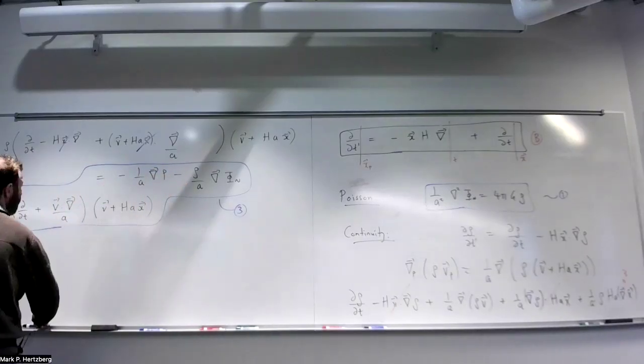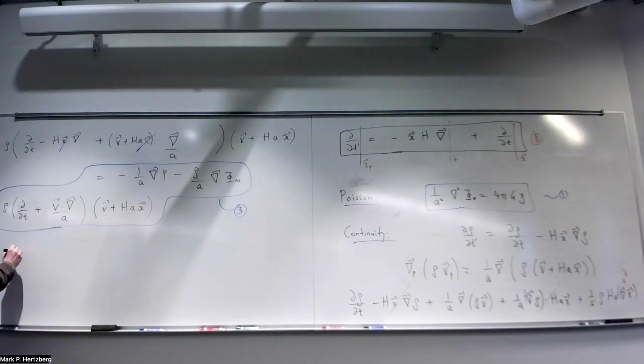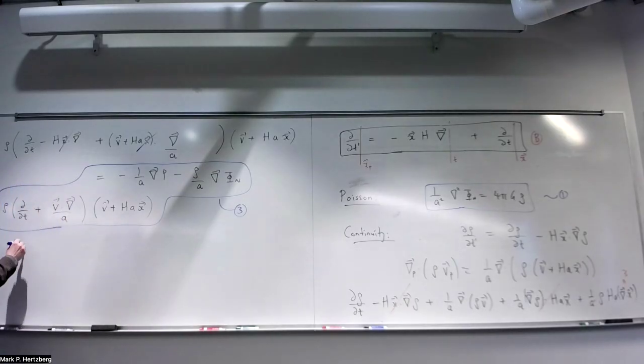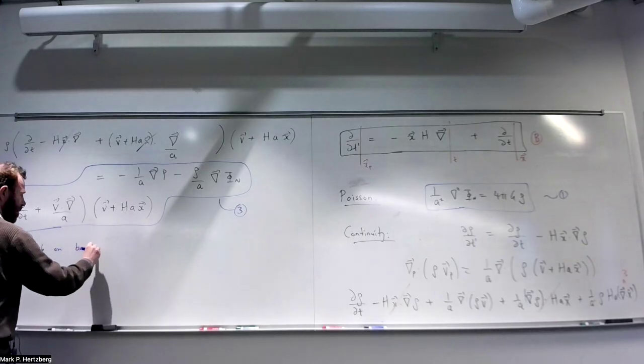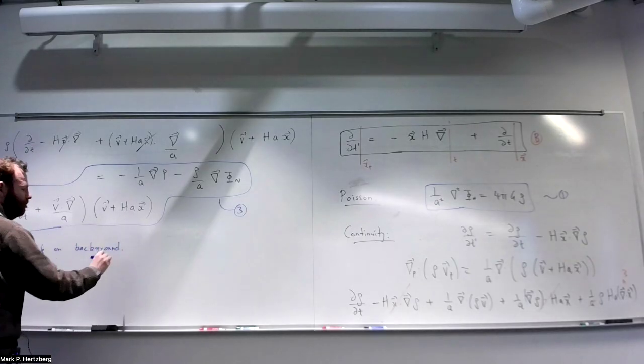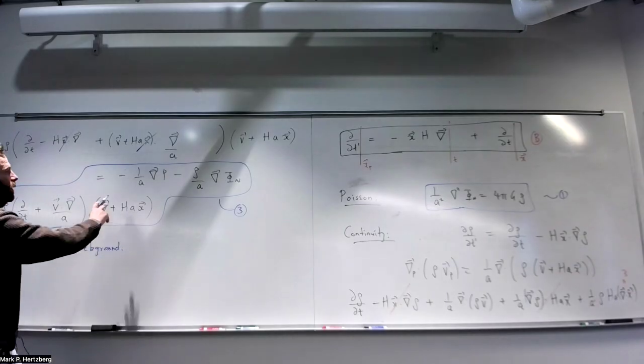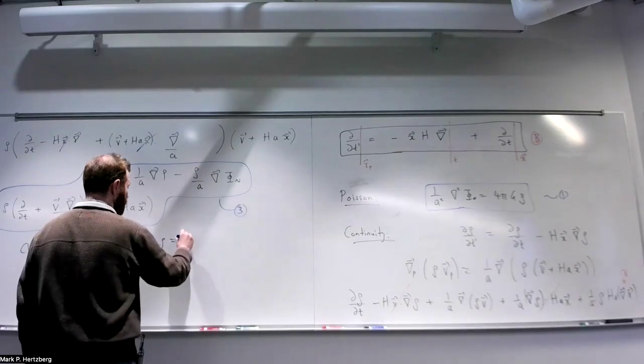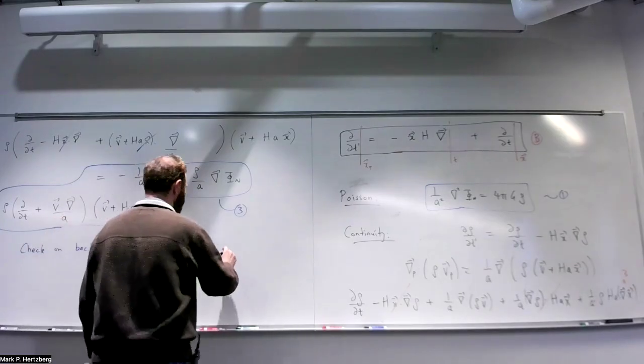All right. So this thing, we can check it on the background. I'm going to again write rho equals some background function of time.